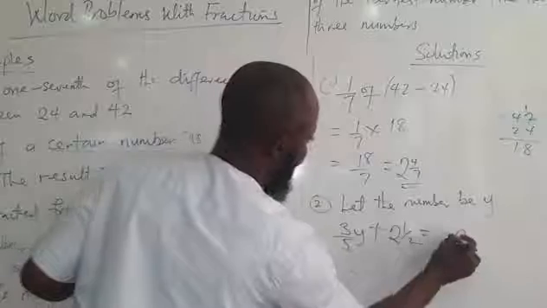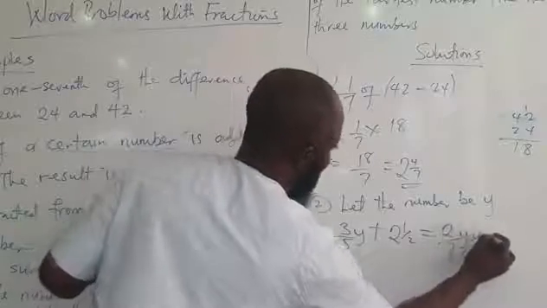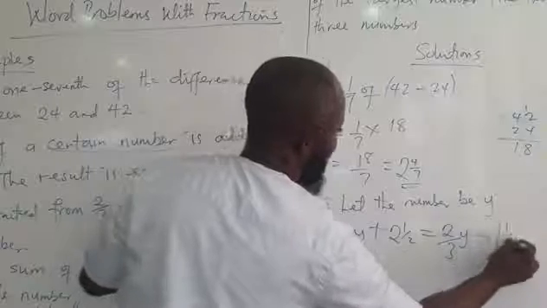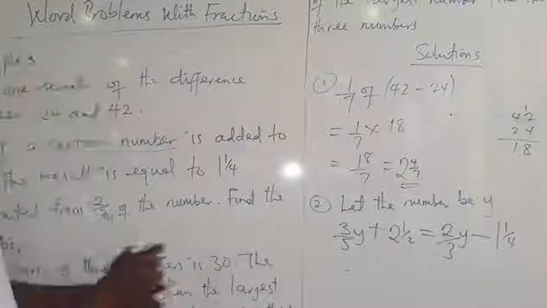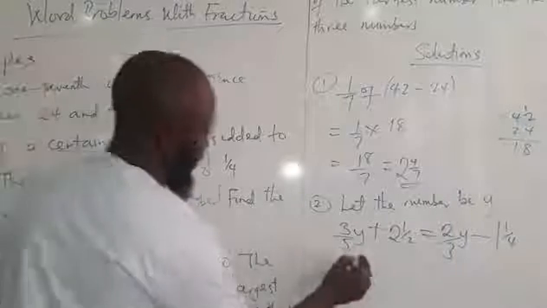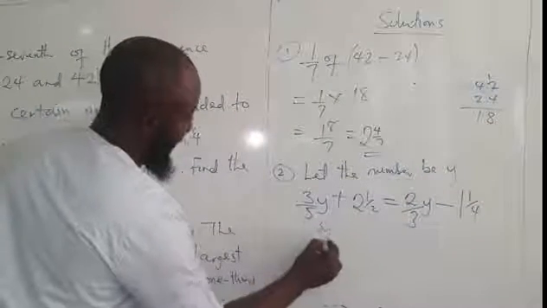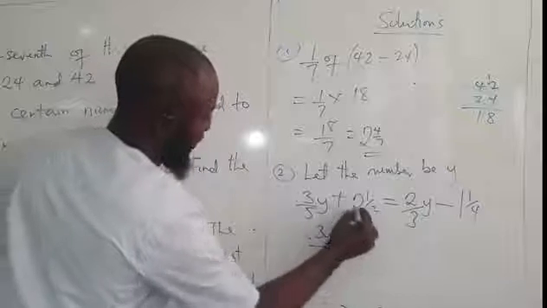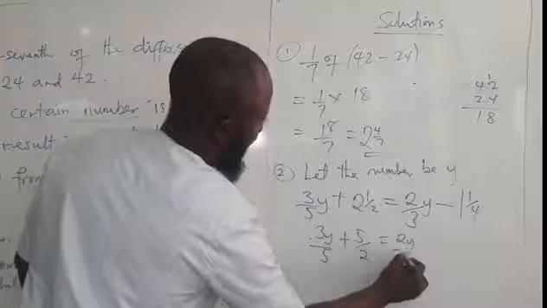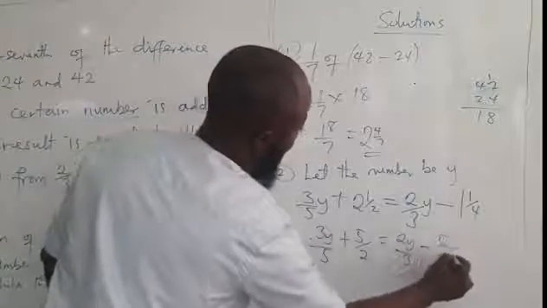That is 2/3 of y, from which this one is subtracted. So this is what we have here. So what are we going to do next? This is going to give us 3y over 5 plus 5 over 2 equals 2y over 3 minus 5 over 4.